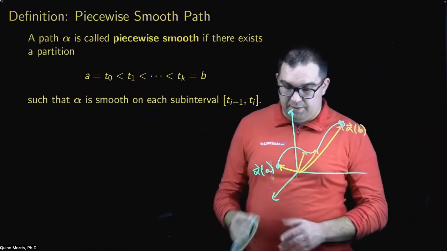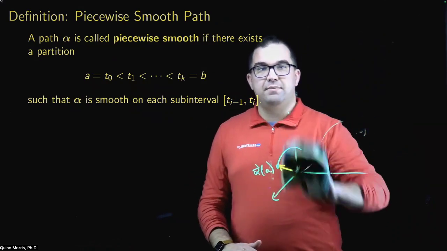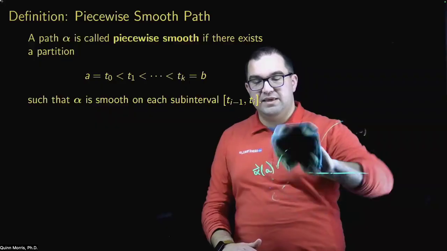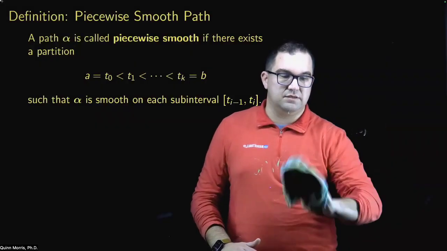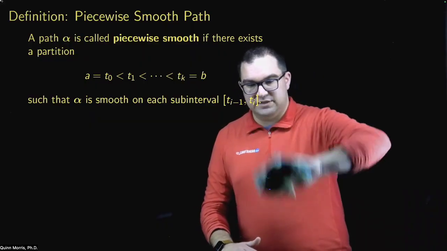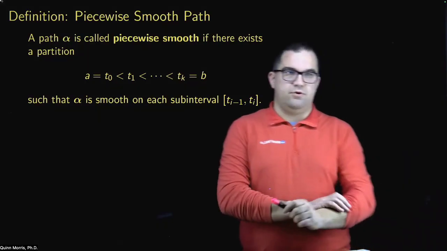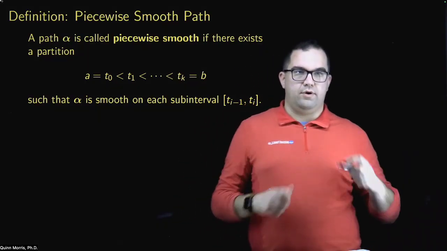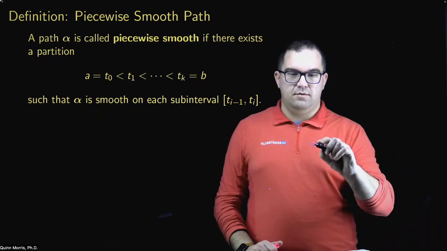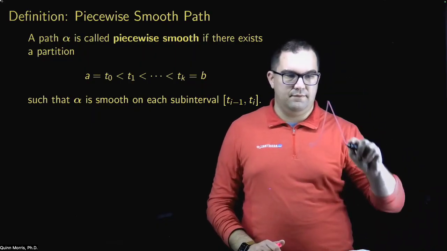So a path is piecewise smooth if you can break it up into a finite number of pieces such that each piece is smooth. So you can imagine, for example, and I'm not going to draw axes again here, you can imagine this either in the plane or in R3, either way. But you can imagine, if I have a path here, let's say it's just in the plane.